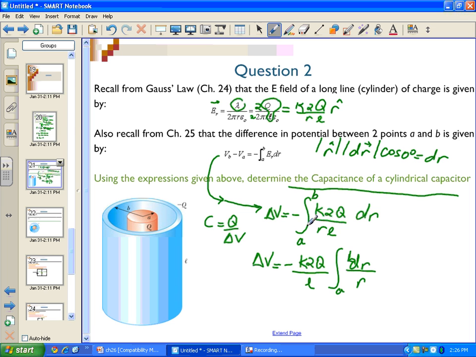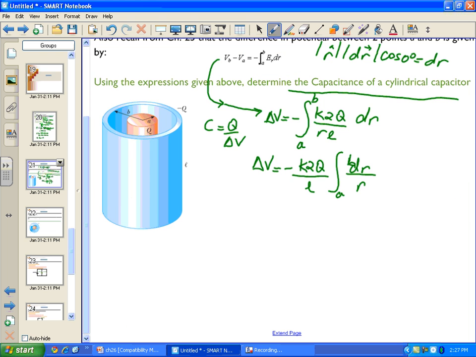What we get is an expression where the integral is given as the log of B minus the log of A, which gives us ln of B over A. And of course, once we have delta V, let's rewrite it here.